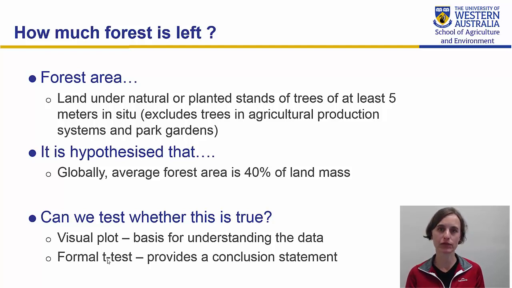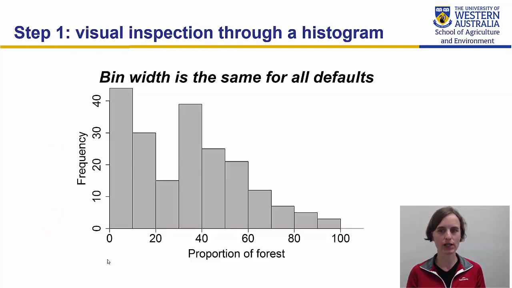So I've gone to a global database of forested land and presented those in histograms. So these are, I don't quite remember whether these are plots or countries with different proportions of forests.